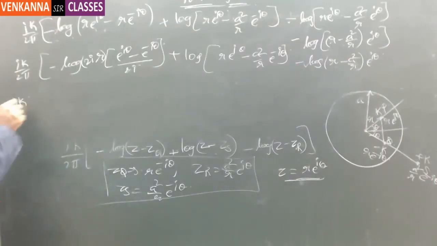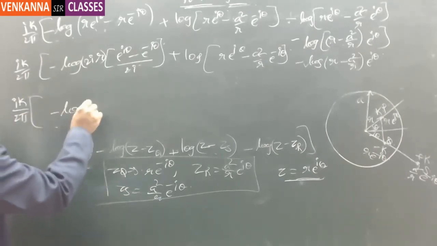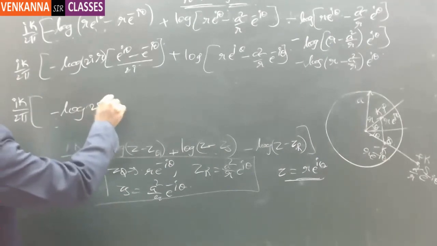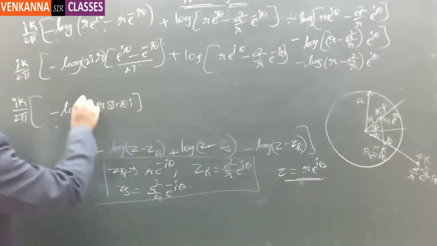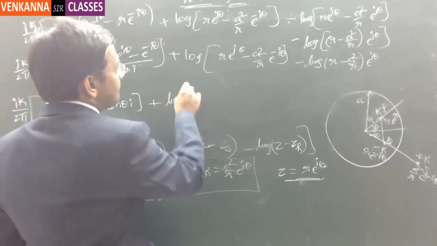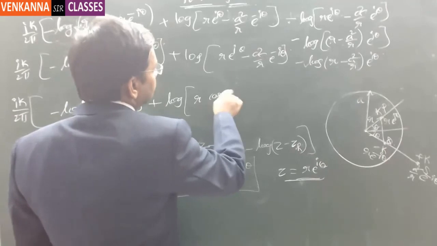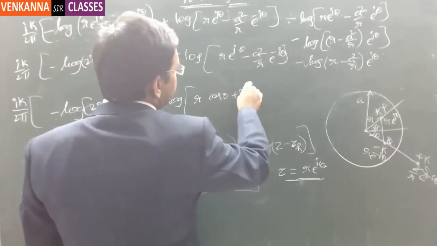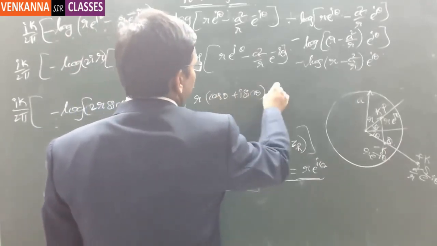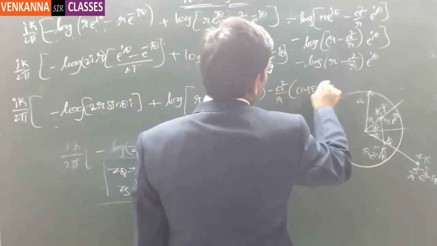Ik by 2 pi. So this I can replace with minus log 2 r sin theta times I, plus log r into e power I theta can be replaced with cos theta plus I sin theta, minus a square by r times cos theta minus I sin theta.